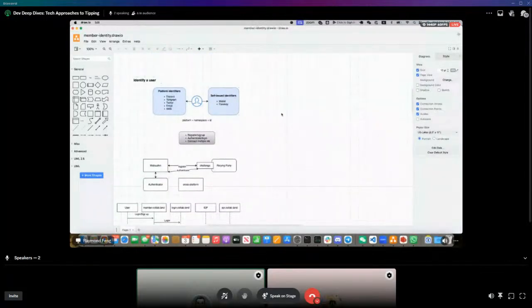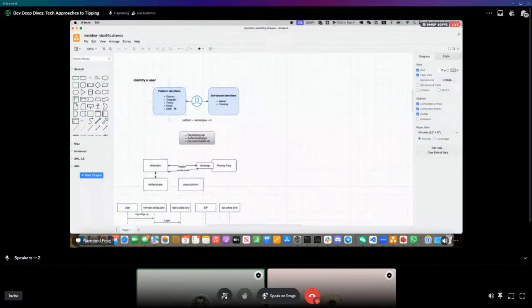so at the beginning when we talk about tipping, right? We first have to identify the user, and the way to identify the user, like from A to B, we have different approaches. So we have the traditional platform IDs. Say if the tipping happens in Discord, Telegram, Twitter, email, SMS, or whatever, your natural identity is your platform identity.